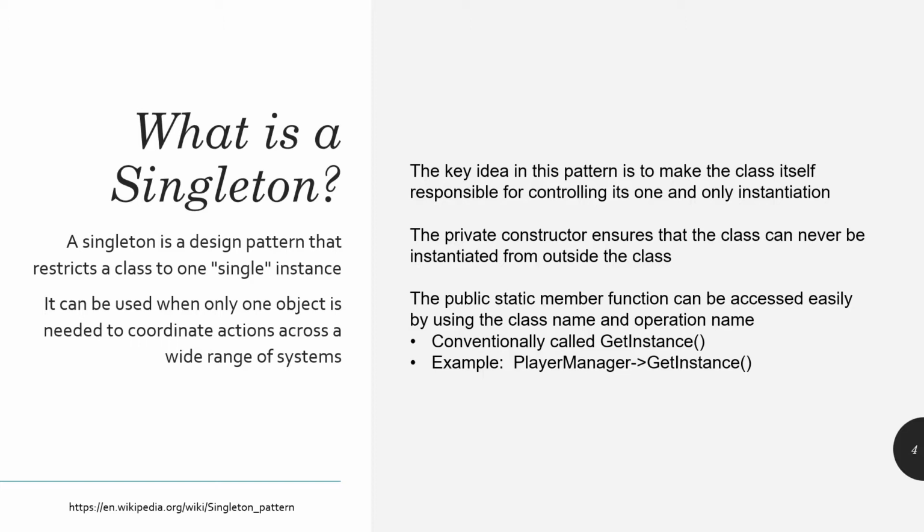You would see something like playerManager arrow getInstance as a way to get the object. Then you'll arrow into more, because this is a pointer or a reference, and you'll be able to get more information from it. I'll show you in the example how that works.